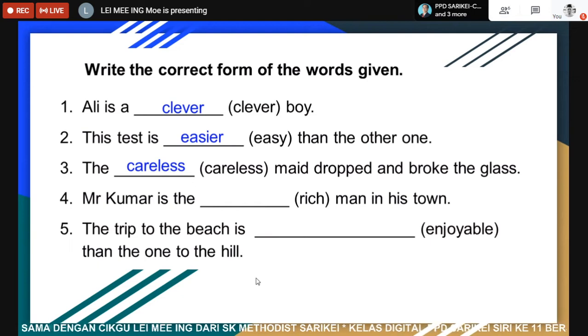Alright? Question number 4. Mr. Kumar is the richest man in his town. The given word here is rich. Can you please type down your answer now for question number 4?